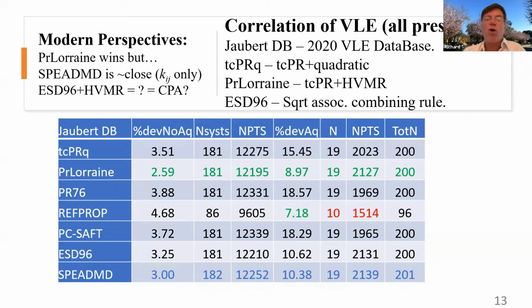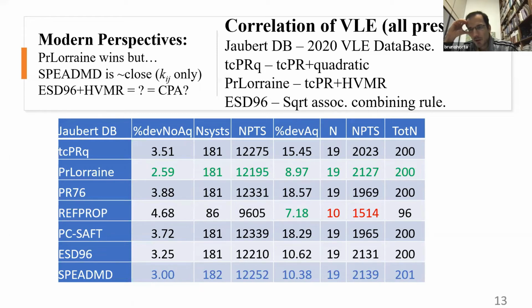Actually, all of the methods here, I probably should have spent some more time talking about this. These are characterizations where we are optimizing the parameters in the equations of state for this exact database. We're not attempting to predict the binary interaction parameters. But when you compare methods that have been trained on different data sets, it's difficult to evaluate the generalization capacity of the methods, right?